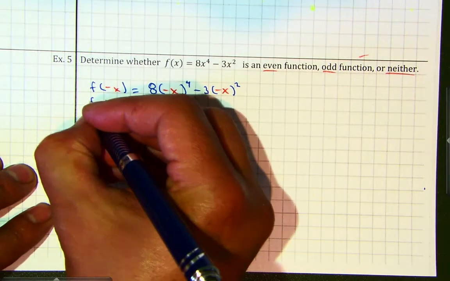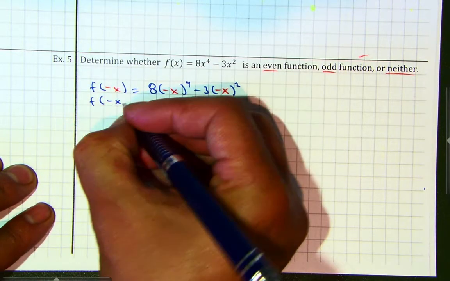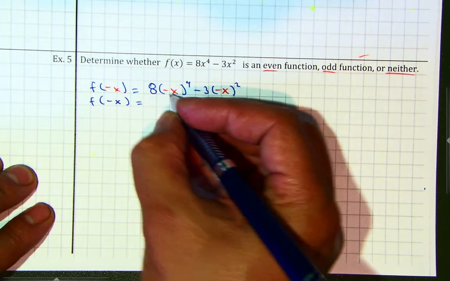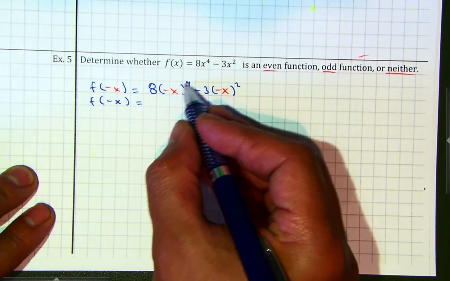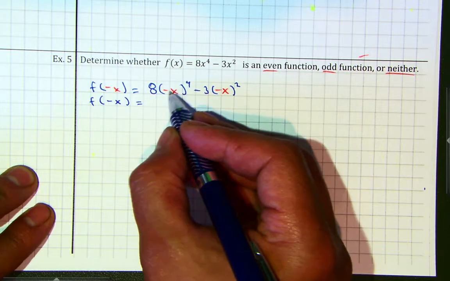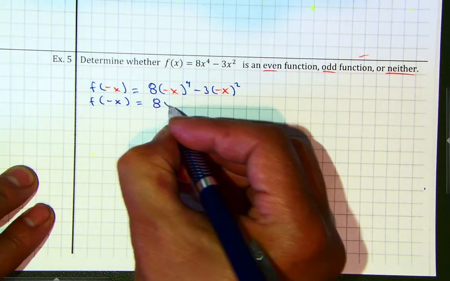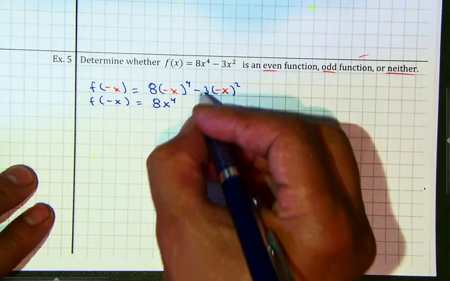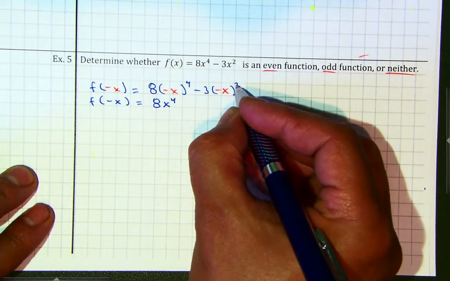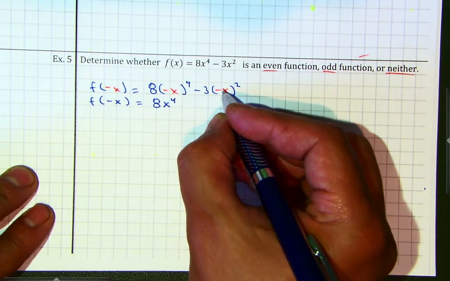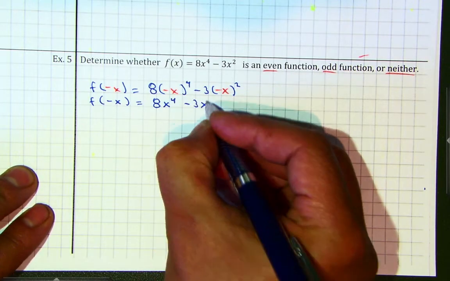I have f of negative x equals negative x to the fourth power. Because it's an even exponent, it becomes a positive. So it gives me 8x to the fourth. Negative x to the second power, it's an even exponent, so it makes it into a positive. So I have a negative 3x squared.